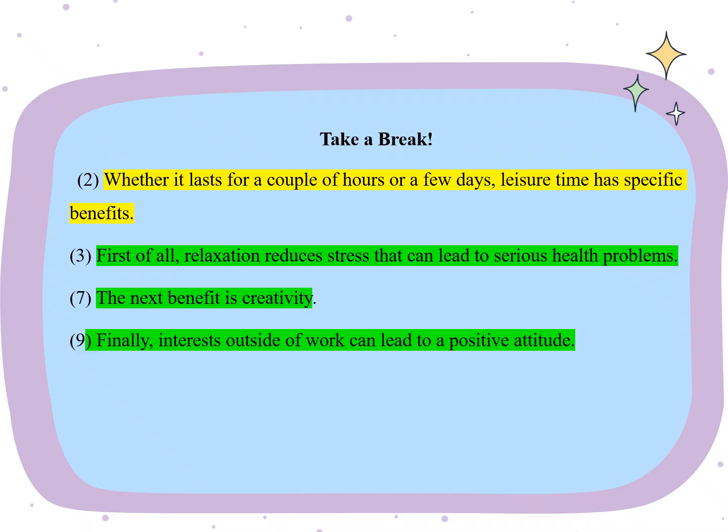A positive attitude, right? So we underline those keywords for each main point sentence. Relaxation reduces stress, creativity, a positive attitude. Those are the keywords to express the key meaning for each main point sentence.